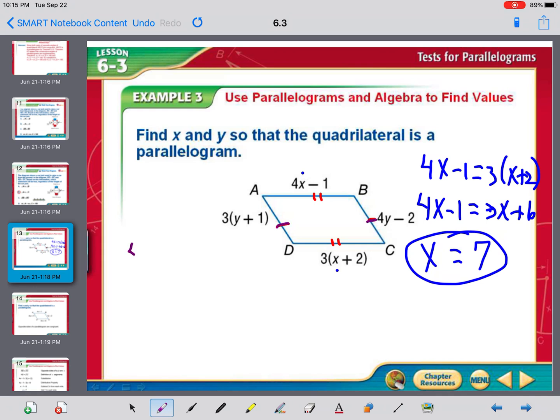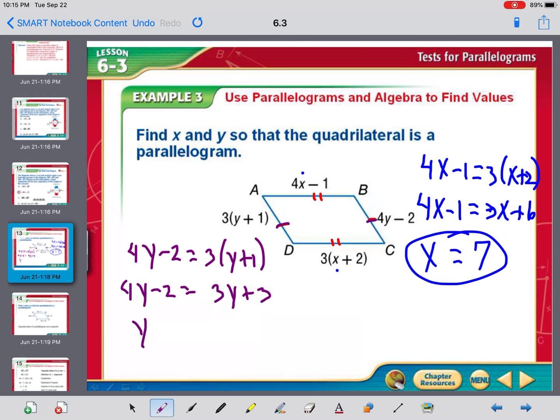To do the y, the left side and the right side: the right side is 4y minus 2, and that's equal to 3 times y plus 1. So 4y minus 2 is equal, little distributive property, 3y plus 3. So I'm going to pull the 3y across, and it'll be subtraction, 4y minus 3y.